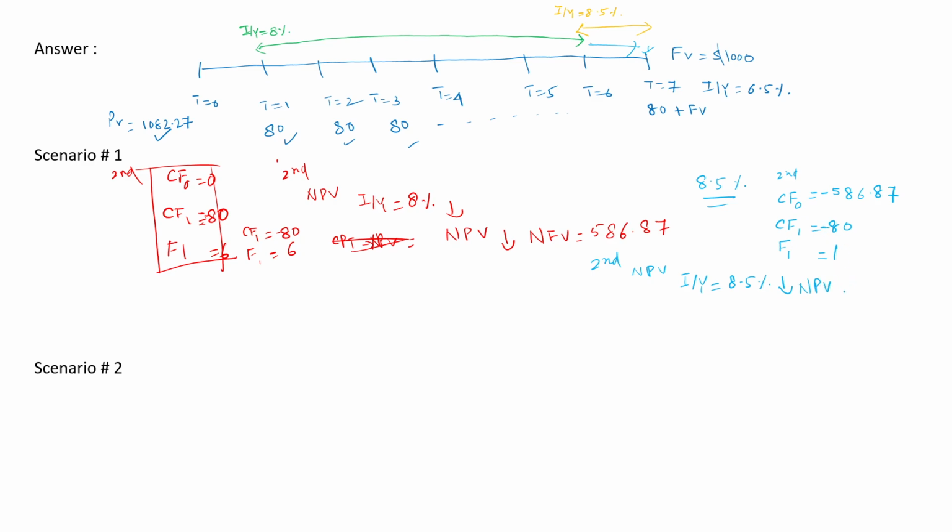CF1 also will be preceded with the minus sign, and then we press the down key once again. It is going to give us the NFV, and once you've got the NFV, just press CPT, and the rest of the amount, it will get to somewhere close to 716.7586.